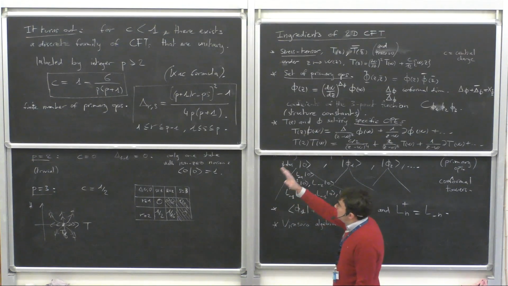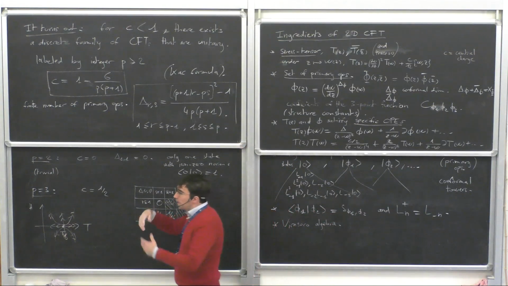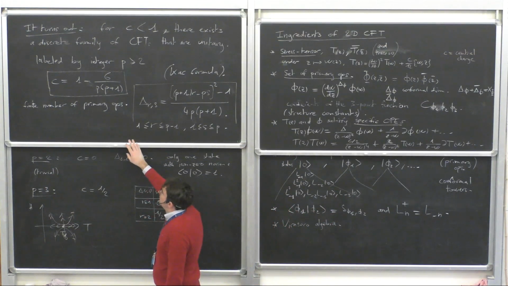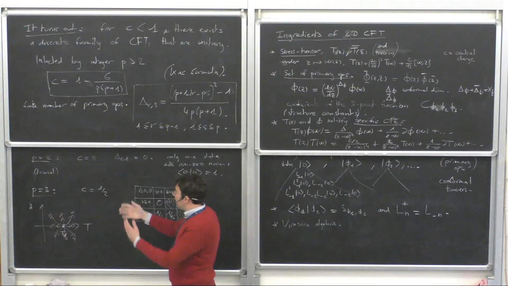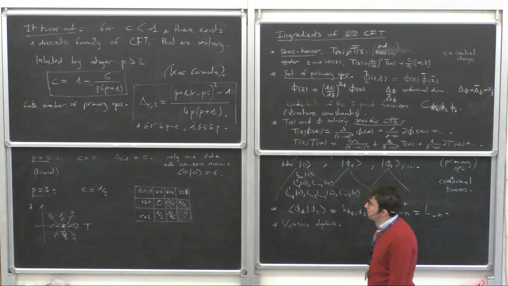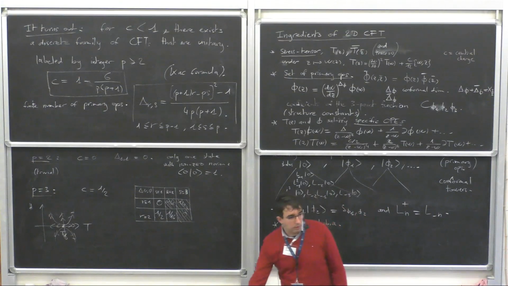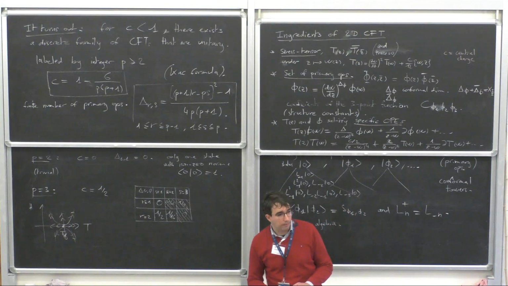So when these ideas came up in the 80s, people already knew the candidates for this family of critical points, and then they played the game of identifying them with stat-mech models. Okay, there's much more to say, but we don't have time for this, so I'll stop here.